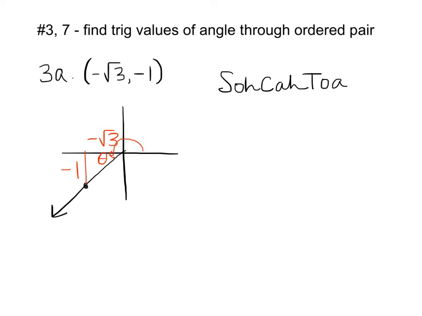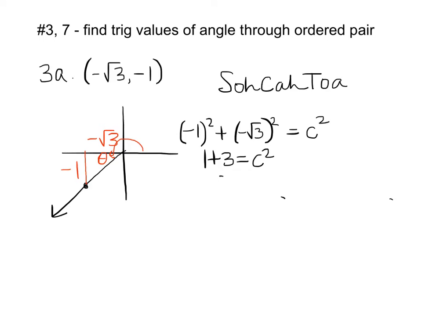So -1 squared plus -√3 squared equals our hypotenuse squared. So that's 1 plus 3 equals c squared. C squared is 4, which means c equals 2. And hopefully you do recognize this. Because of the sides, the short leg is half of the hypotenuse, the long leg is √3 times the short leg. This is a 30, 60, 90. But honestly, like I said before, it doesn't matter. I just want to find the trig values.